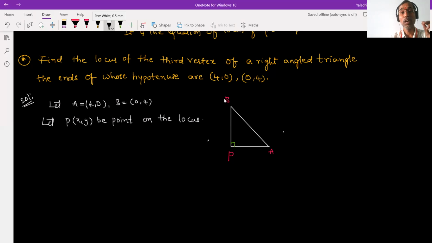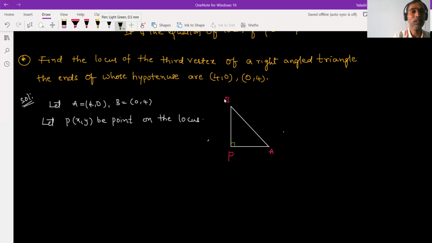If words like right angle, subtended right angle, or ends of the hypotenuse are in the question, to write the geometric condition we can apply the Pythagoras theorem. The sum of the squares of the two sides is equal to the hypotenuse square. So simply write it as the geometric condition.